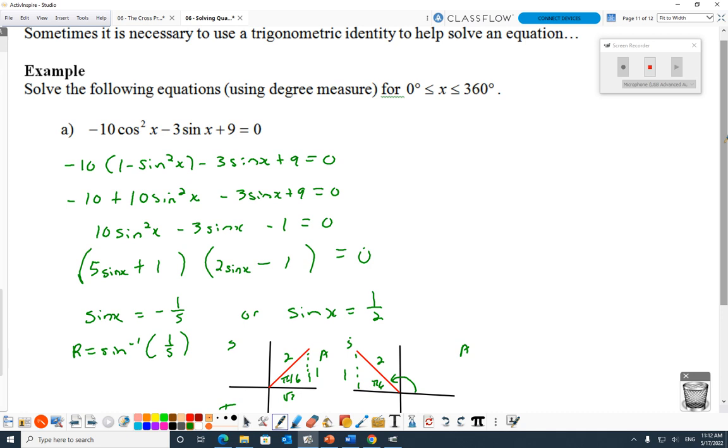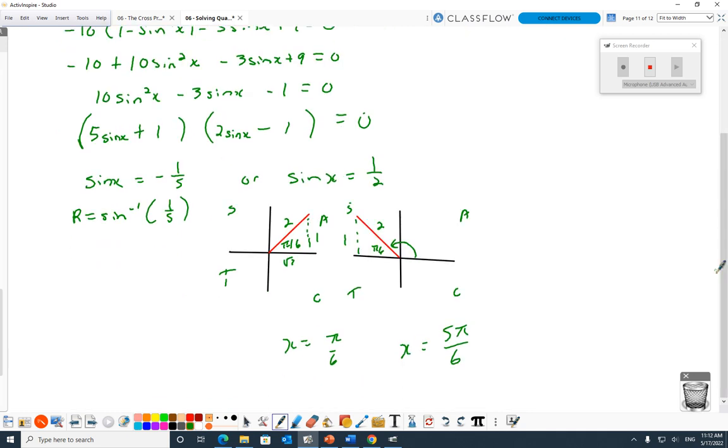Oh, okay, let's go back to that. I'm going to do it all in radians, and then at the end we'll go, whoops, I made a mistake, and we'll talk about converting. Sine inverse, I'll do this one in degrees. 1 divided by 5. 11.5 degrees. Oh, that's an awkward angle. 11.5 degrees. Hard to know whether to round up or round down.